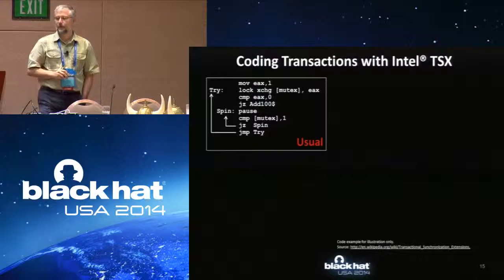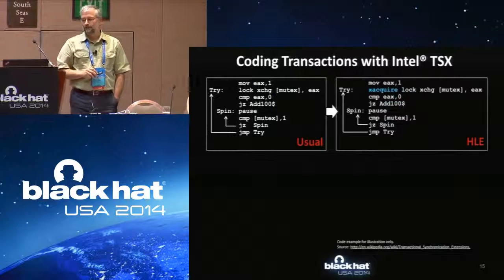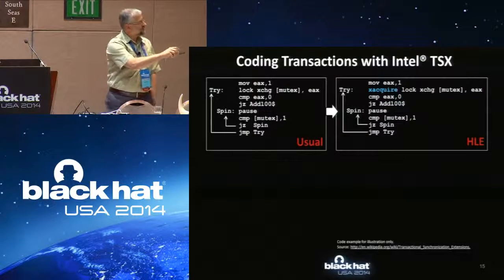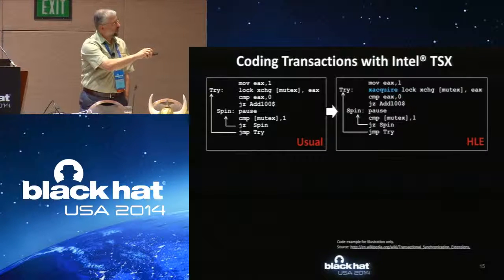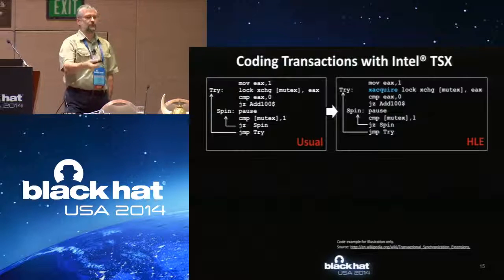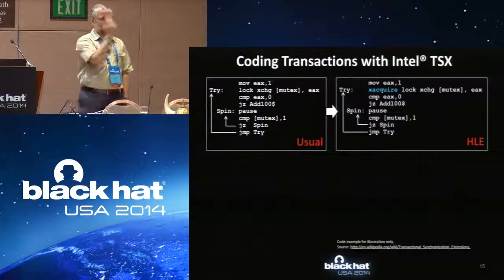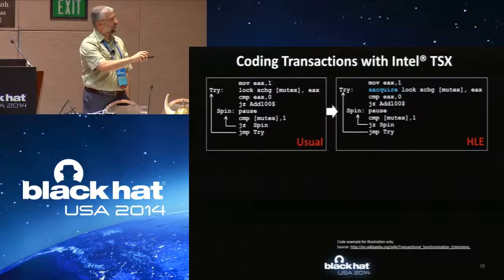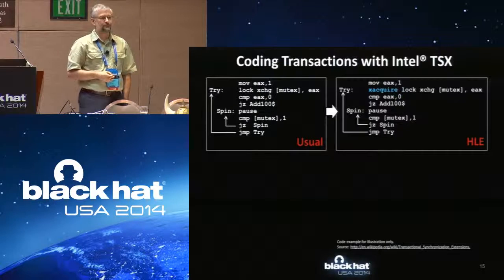Simple. So in hardware lock elision mode, all you have to do is add one simple prefix, which is XACQUIRE. What it tells the CPU to do is to go and do this transaction. Don't really care about the value in this mutex value, the lock.